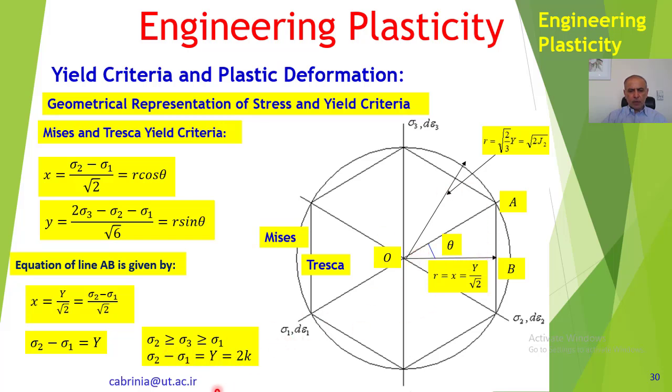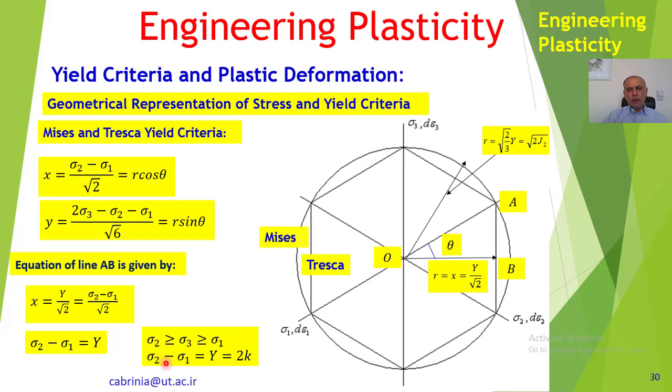But at different zones, we could have different values of stresses. For instance, sigma 2 greater than sigma 3 greater than sigma 1. If the values of the stresses are like that, then sigma 2 minus sigma 1 is equal to y. See, the biggest stress, the smallest stress, and that's the middle one. That's for Tresca, these lines.